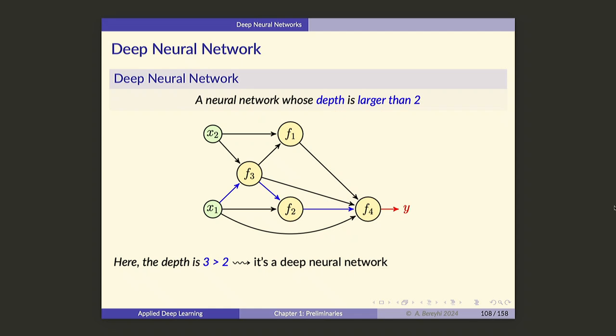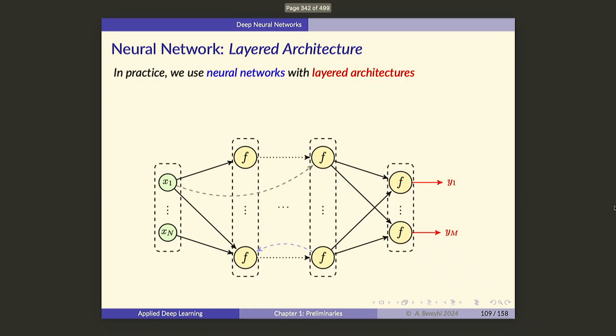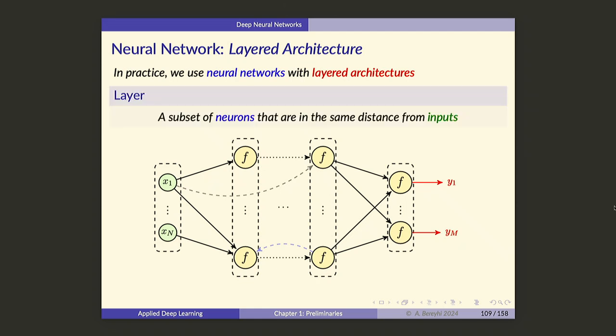Now, this is a nice thing. You can write it down in the form of graphs, but at the end of the day, we are always dealing with layered architectures. And what is a layer? A layer is a set of neurons which are at the same distance from your input. I start with my input, and then I take a bunch of neurons in one layer and stack them together.